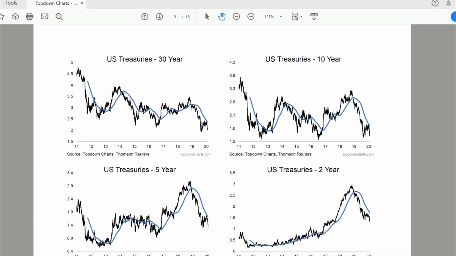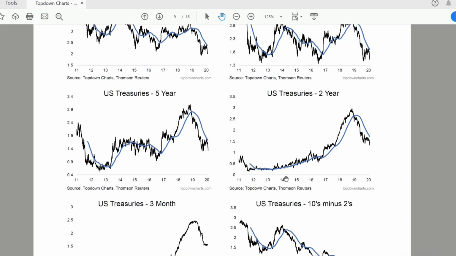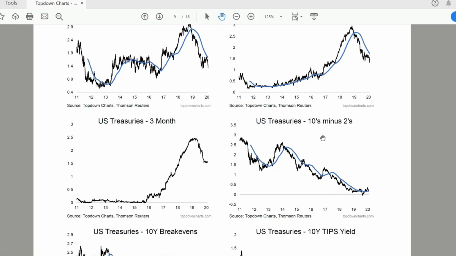And then of course into treasuries, key market here, so we've got the various different maturities there, so 30-year yield, 10-year yield, 5-year, 2-year, 3-month, and then the curve, so 10s minus 2s.